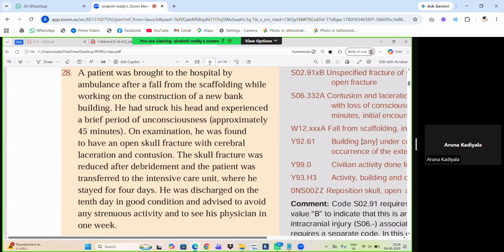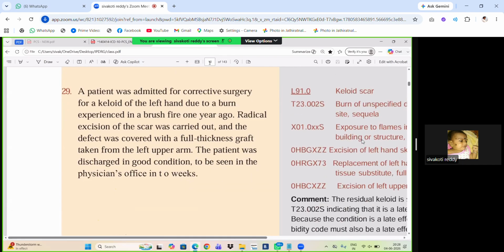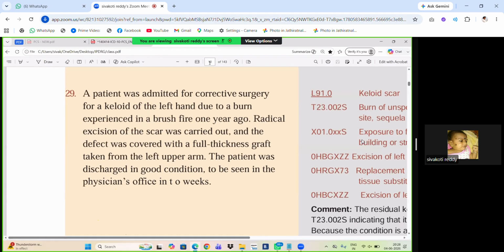Head or skull, like skull fracture, they reduced, correct? Yes, Shiva. Now you get the idea, right, how to find the body part. So here check where they perform the procedures.